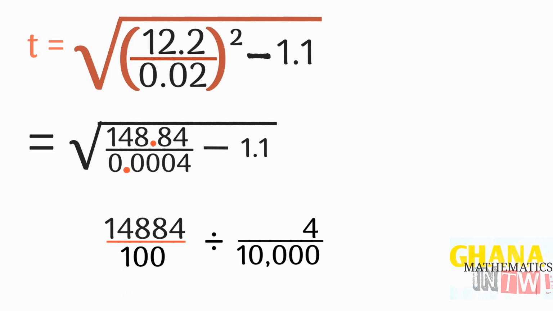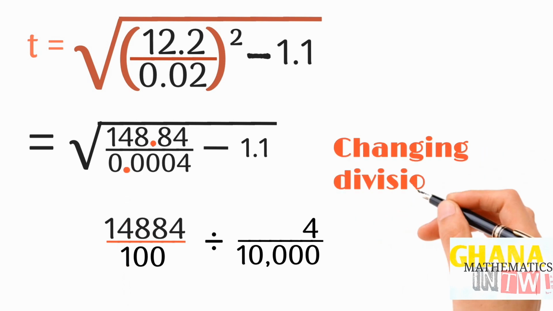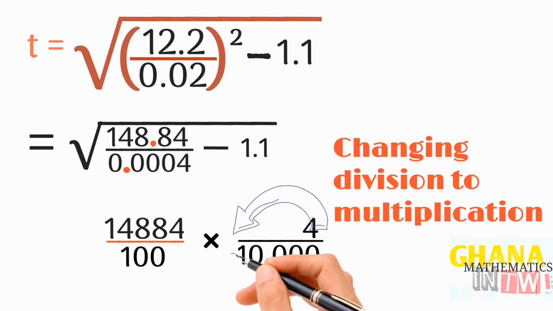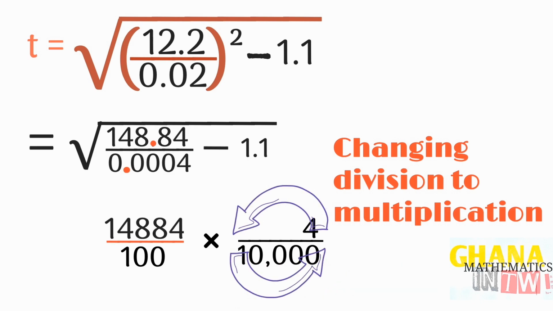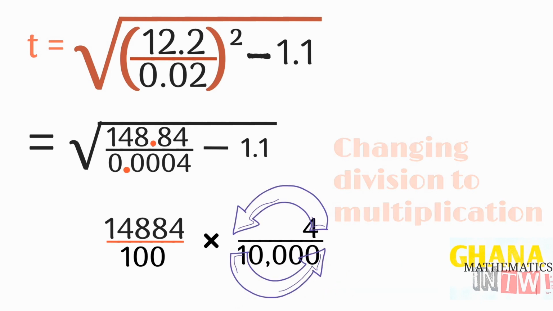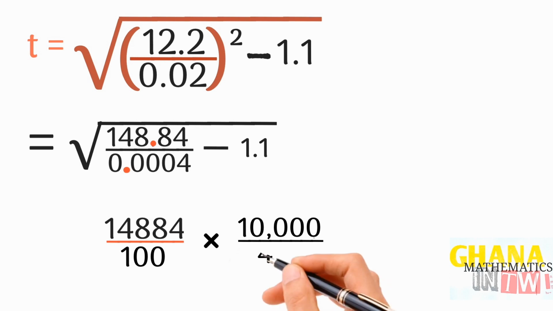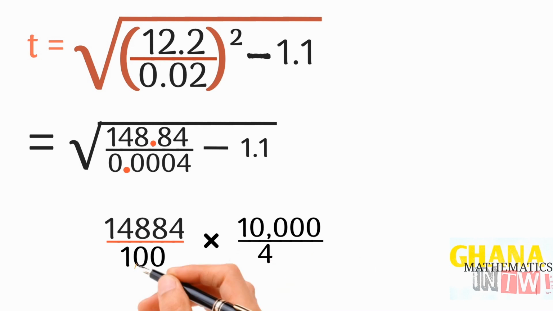In mathematics, whenever we have a division sign, we change it to multiplication, and then we change the numerator and the denominator of the fraction. The 4 and the 10,000 will interchange positions, so it will be 10,000 over 4 instead of 4 over 10,000.